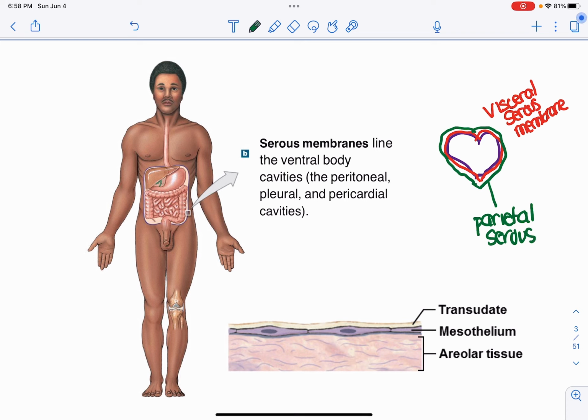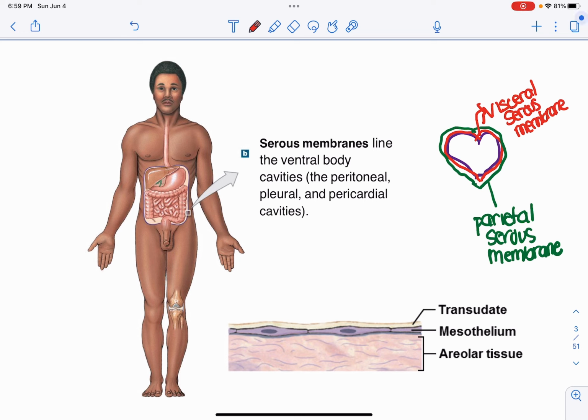And in between the 2, there was serous fluid. And these membranes and the serous fluid in between them allow the organ to move.